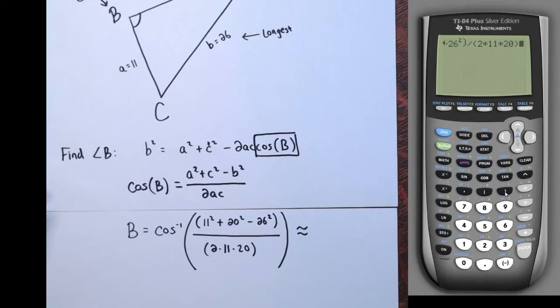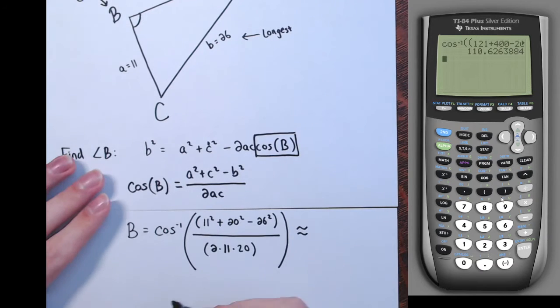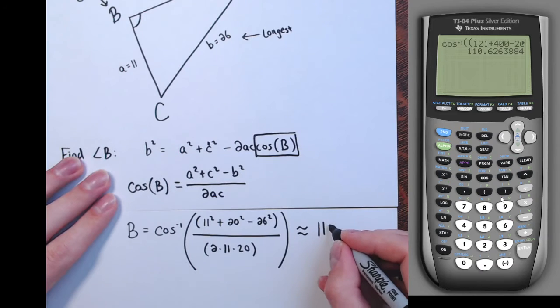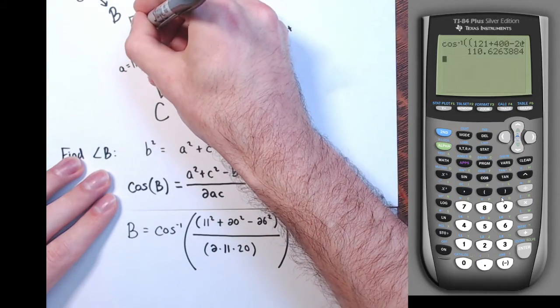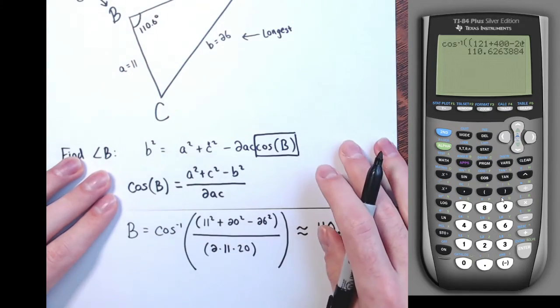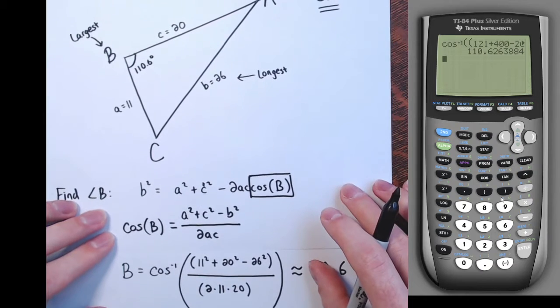Close parentheses on the denominator, close parentheses on the inverse cosine, and this angle B is approximately, to one decimal place, 110.6 degrees. So I'll put that in my drawing.